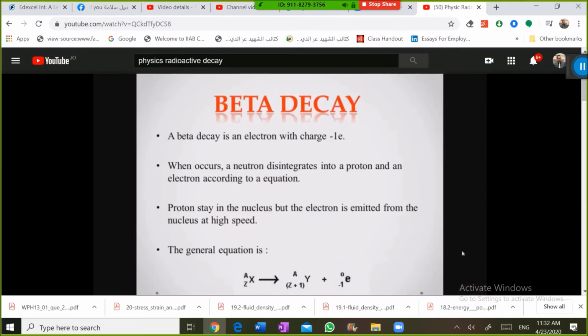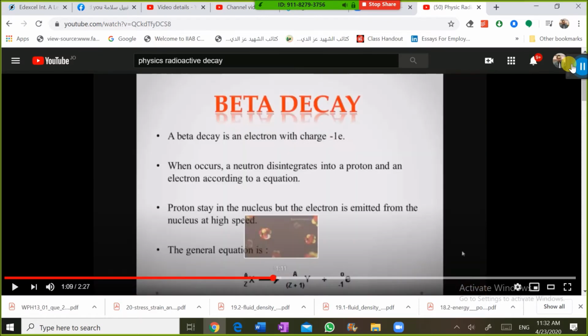The second one is beta decay. Look here, guys. What is going on here? If you watch this carefully, one of the neutrons changed to a proton. It was yellow, then it becomes red. Pay attention here, look.